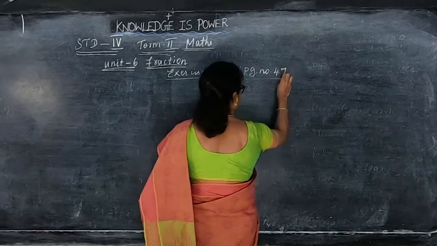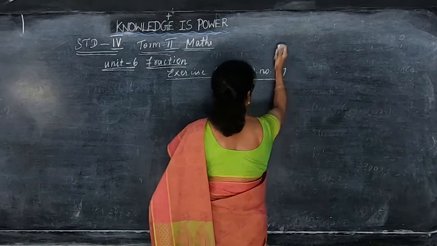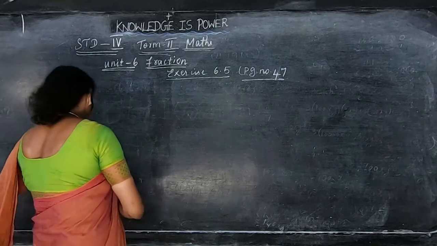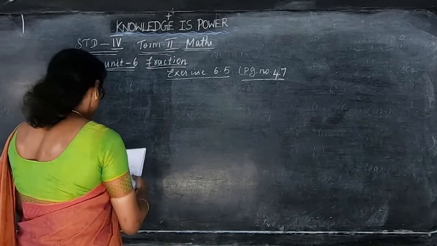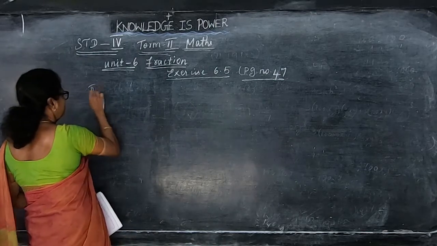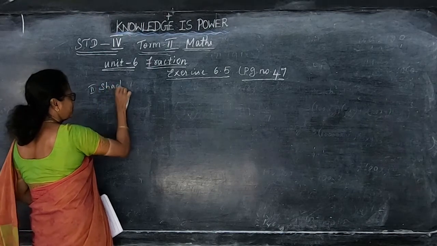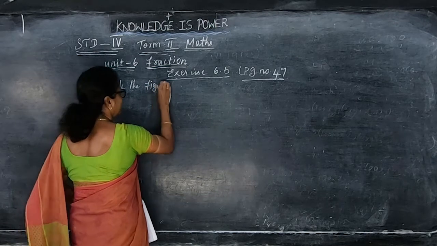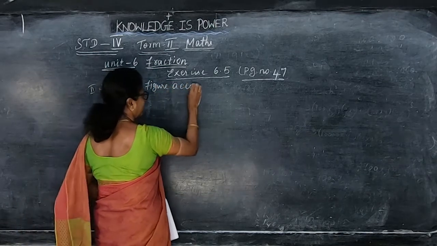Page number 47. Sum number 2. We have to shade the figure according to the fraction.